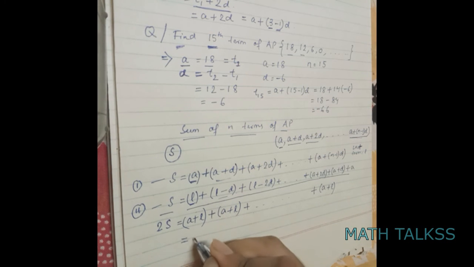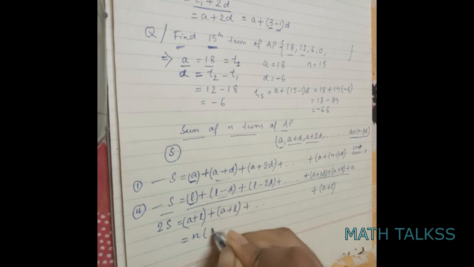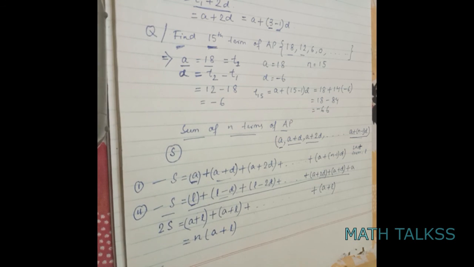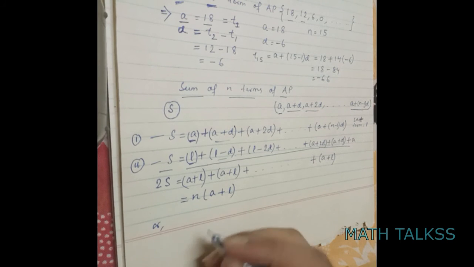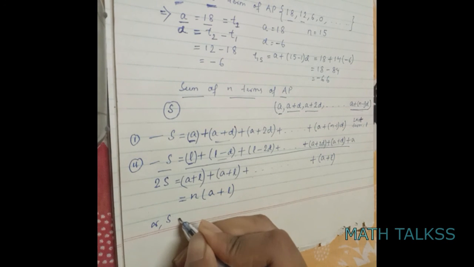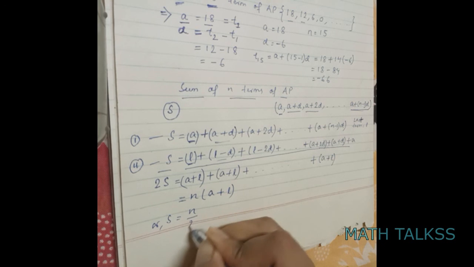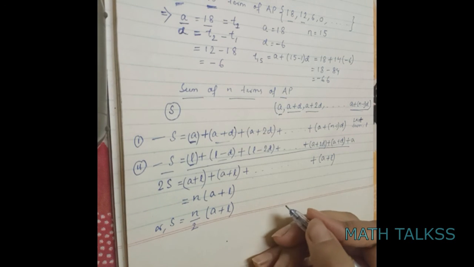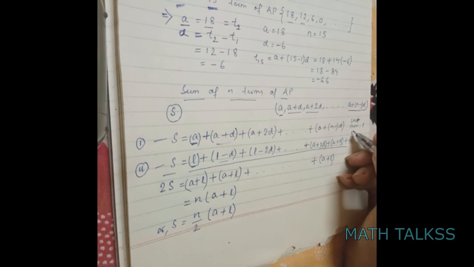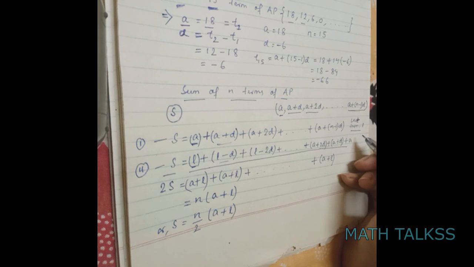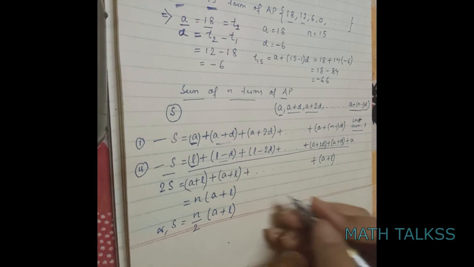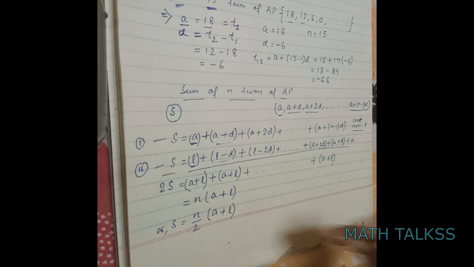So 2S is equal to n multiplied by (a plus L), or S is equal to n by 2 multiplied by (a plus L). Remember, L is the last term.